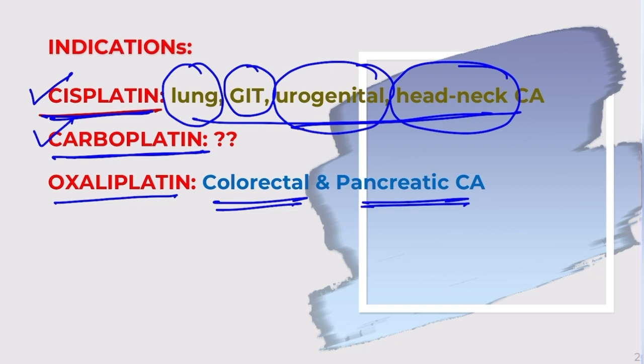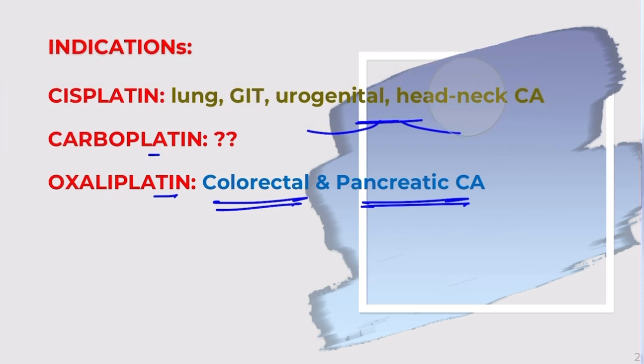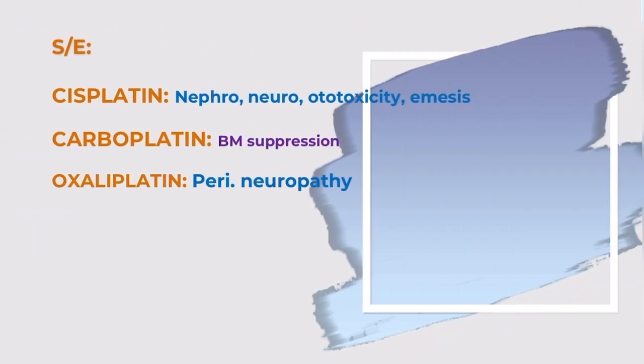If you think this is tough, this is not easy to remember, you can omit this, no problem. But this is very important for platinum compounds. Most important is cisplatin.